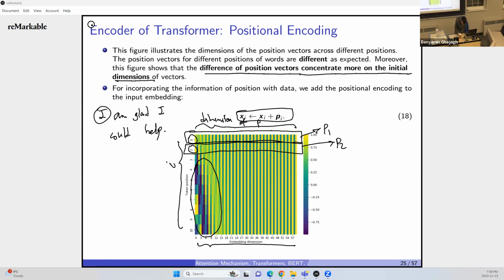I have two I vectors, right? But after this addition, the embeddings of these two will be different, because this is the first I, and the other one is the fourth I, right? Because P1 and P4 are different. Agreed? Although their word-to-vec embeddings are the same.